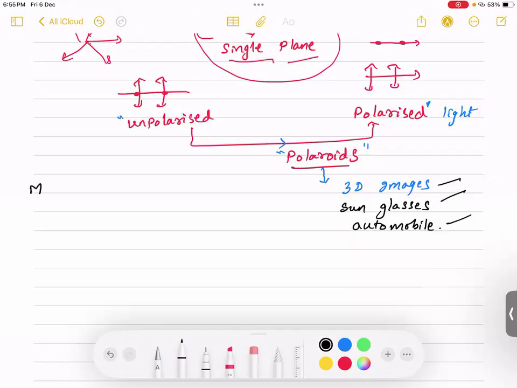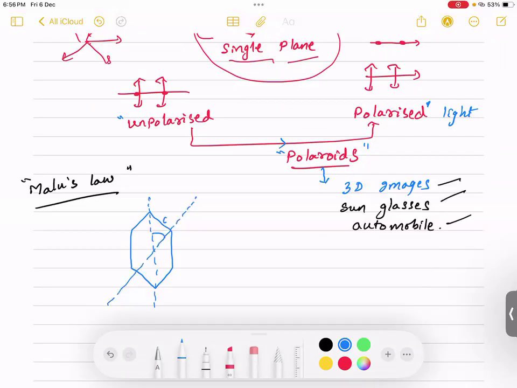Yeah, there is one more very important concept, that is Malus law. See here, if I consider two Polaroids, this is the first Polaroid, this is the second Polaroid. The angle between them is theta.